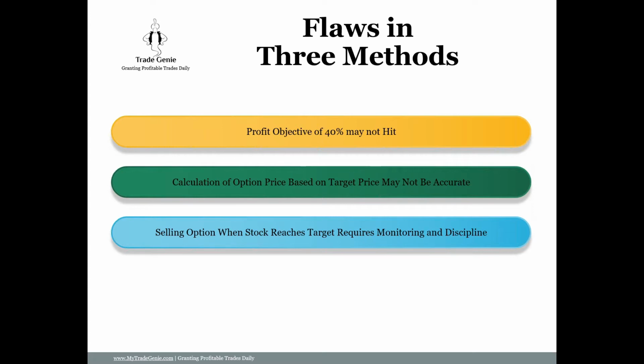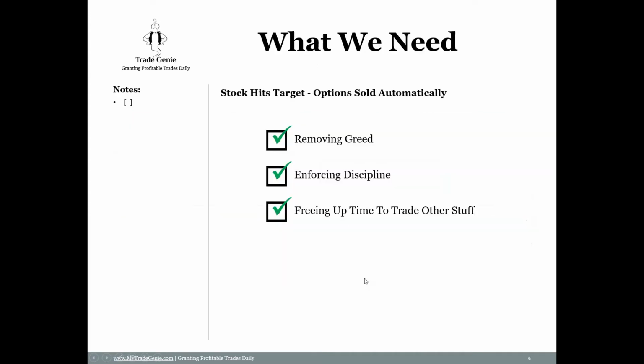So discipline is very important. What we need in trading with the conditional order is completely removing the greed, completely having the discipline of taking the profit when the profit is coming, and we should know the average.